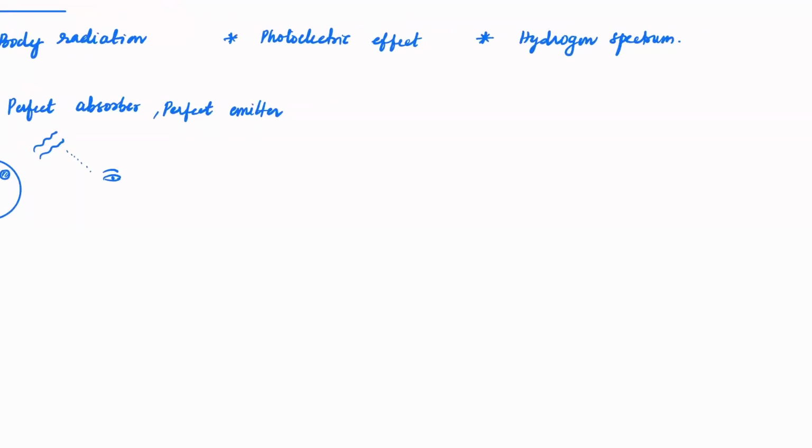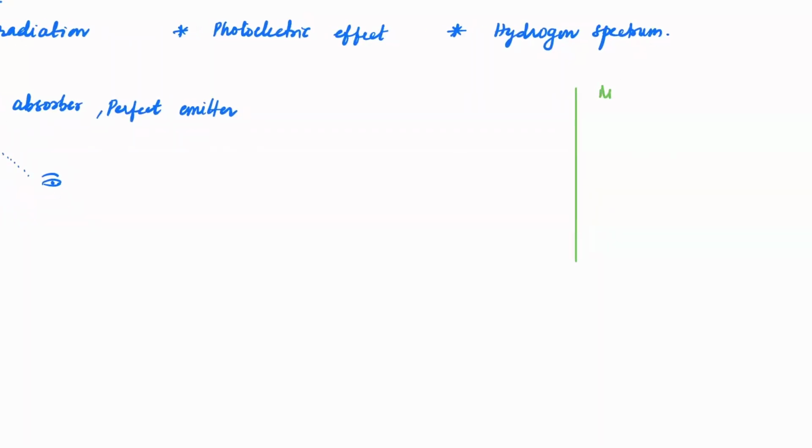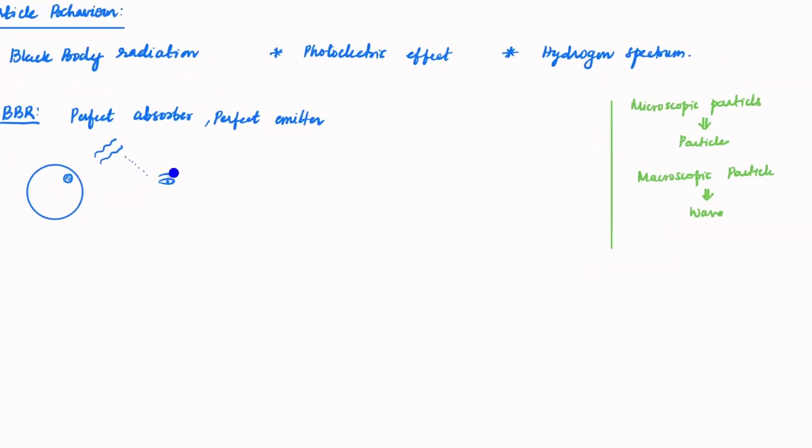Another simple observation to remember to assess wave and particle behavior is this: microscopic particles observe the light as particles, while macroscopic particles like us observe it as a wave. So for us, light is observed as a wave.